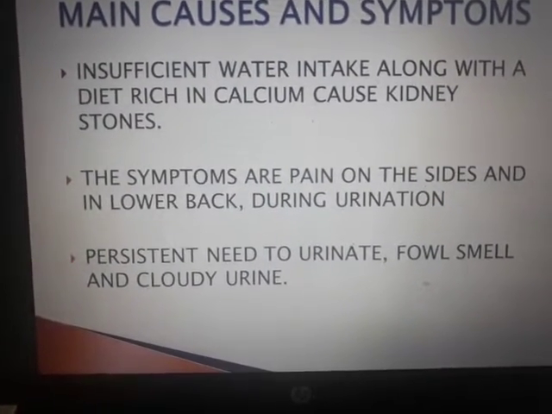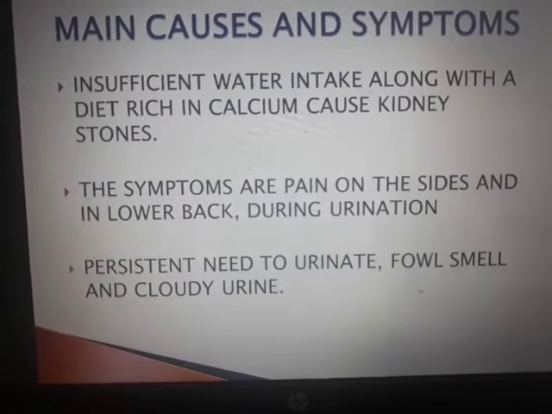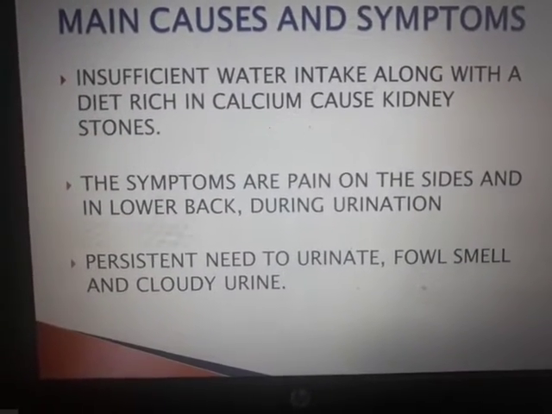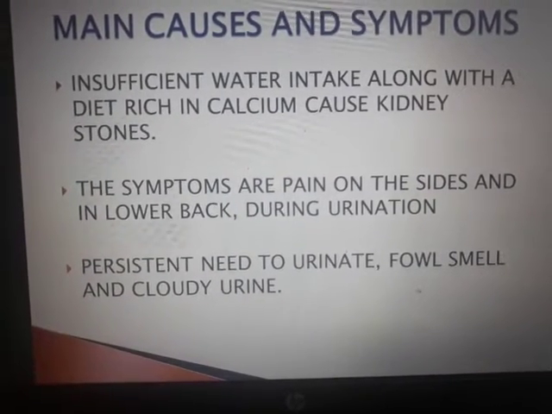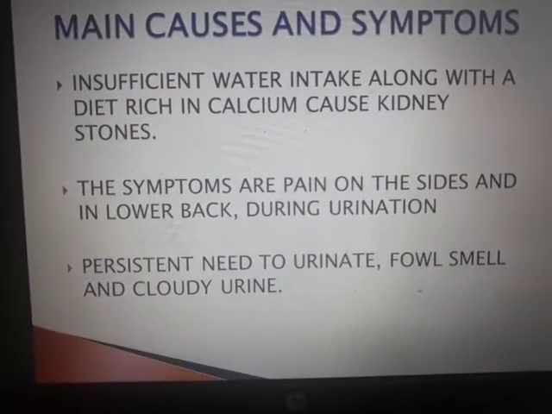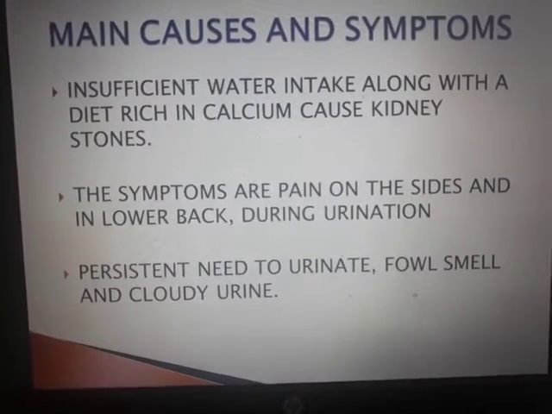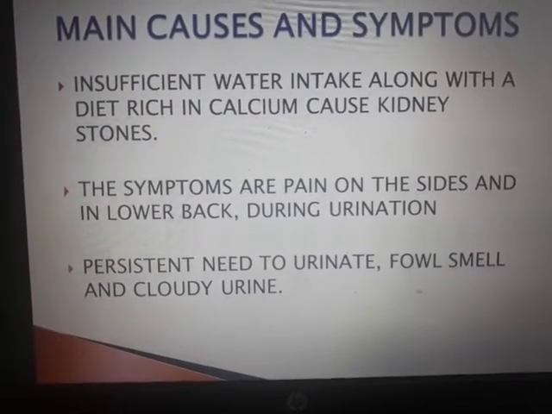And then there's foul smell and cloudy urine. The smell is really dirty, not the normal one, but more foul. And cloudy urine means there's a different texture if you have kidney stones. It becomes more muddy or cloudy than the normal urine you observe.